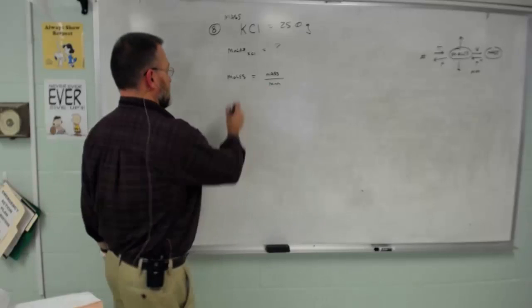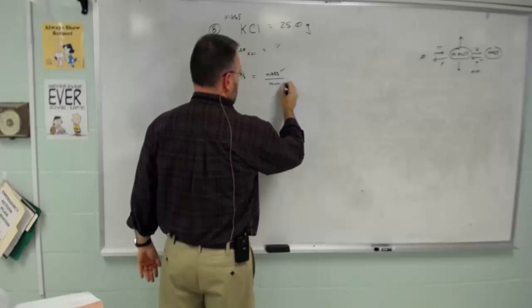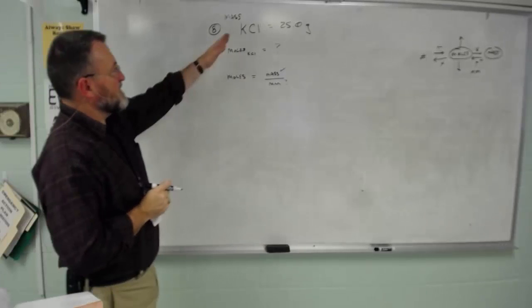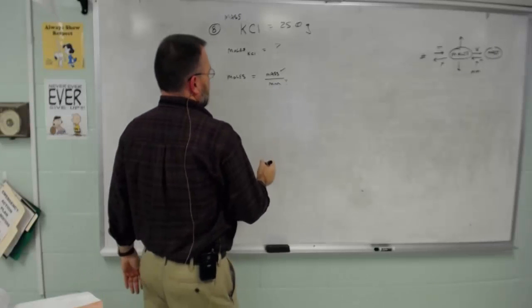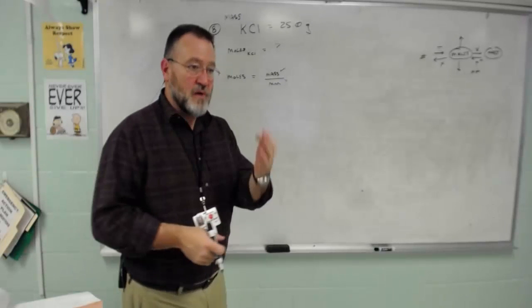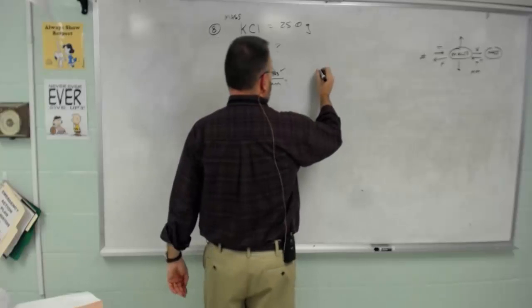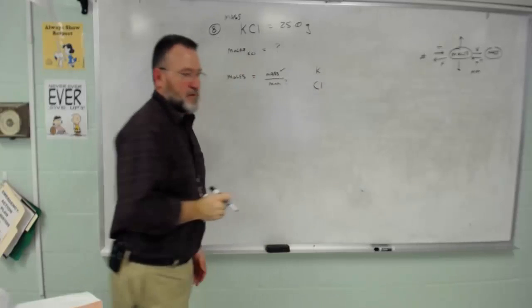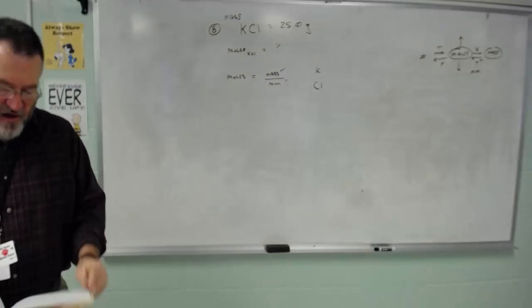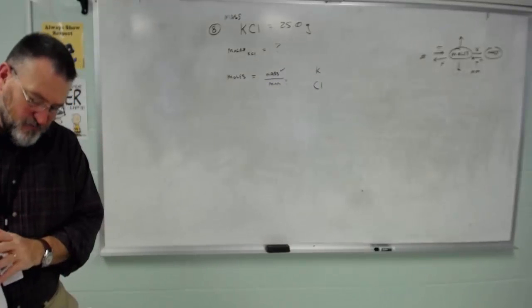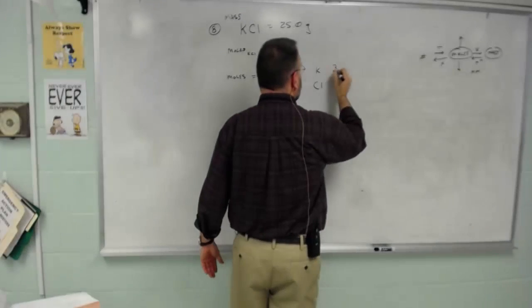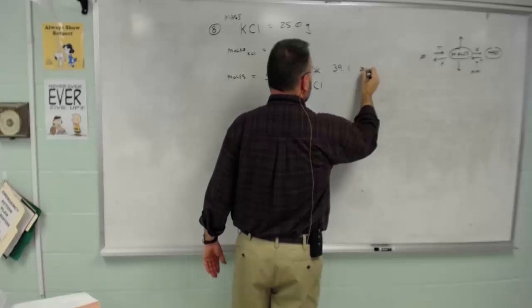Because we're looking for this, we've got this, and we need this: the molar mass for potassium chloride. First of all, let's look at the mass of one molecule of potassium chloride. It would be the mass of one potassium and the mass of one chlorine atom. Potassium has an atomic mass of 39.1 AMU.